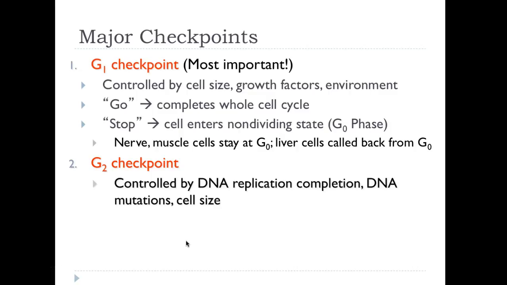Now we know that as we get older, or as an organism ages, let's talk about the human organism, the accuracy of that DNA checking is not as efficient. So it decreases with time.